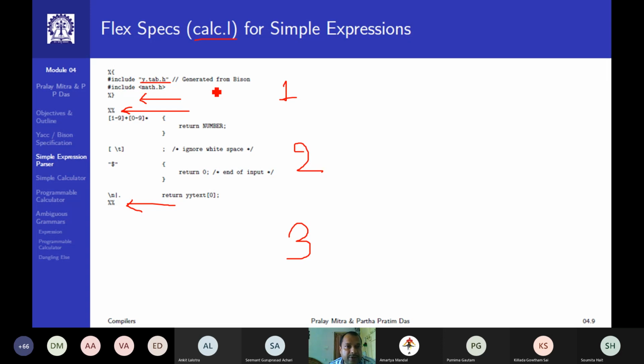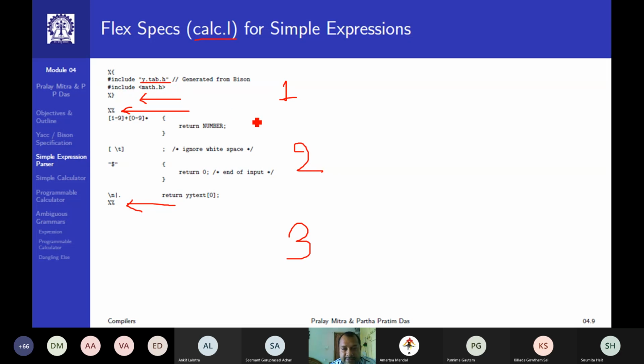So this y.tab.h you need not write. It will be generated by Bison from the grammar program, and during the linking process you need to include it. That's why you included it here.